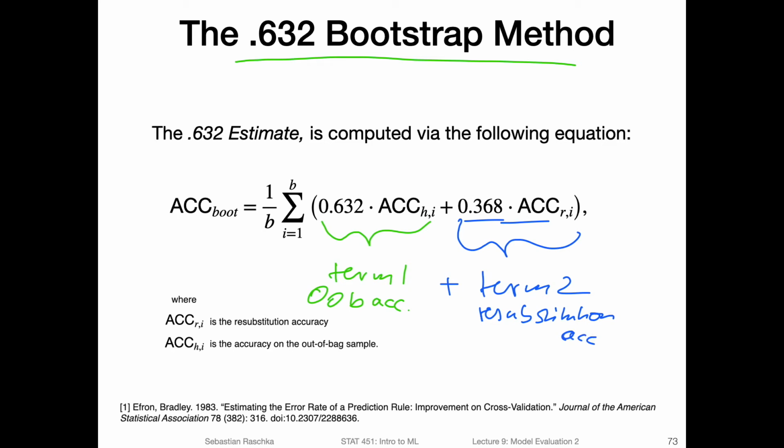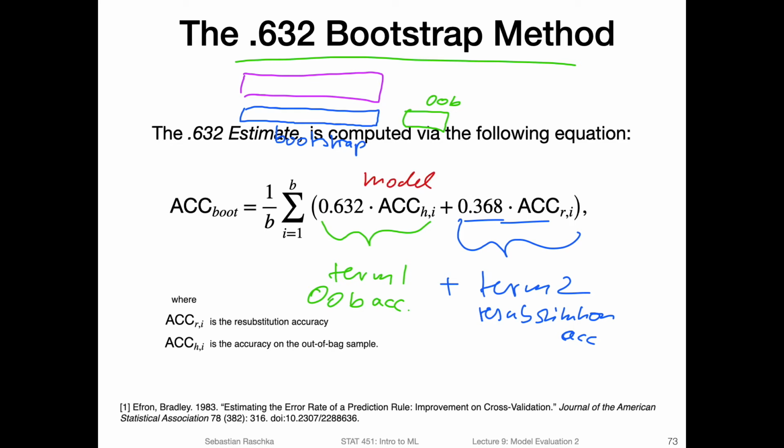So if we have the original data set and we split it into, let's say, a Bootstrap sample, and then we have the out-of-bag here. This is the out-of-bag, and this is the blue, the Bootstrap sample. If we have a model, we fit it to the Bootstrap and we evaluate it on the out-of-bag, right?